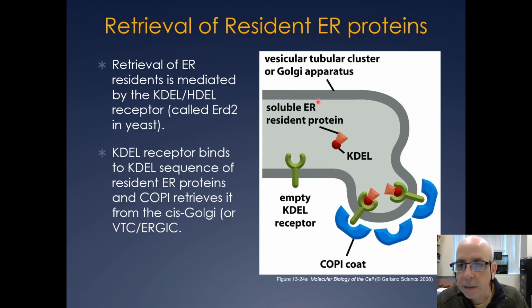So once again, there's a molecular mechanism that I would like you guys to know. This one's actually quite simple. You just have your KDEL receptor, and that's packaged into a COPI vesicle to be brought back to the endoplasmic reticulum in the event that a soluble ER resident protein leaks out. Okay.